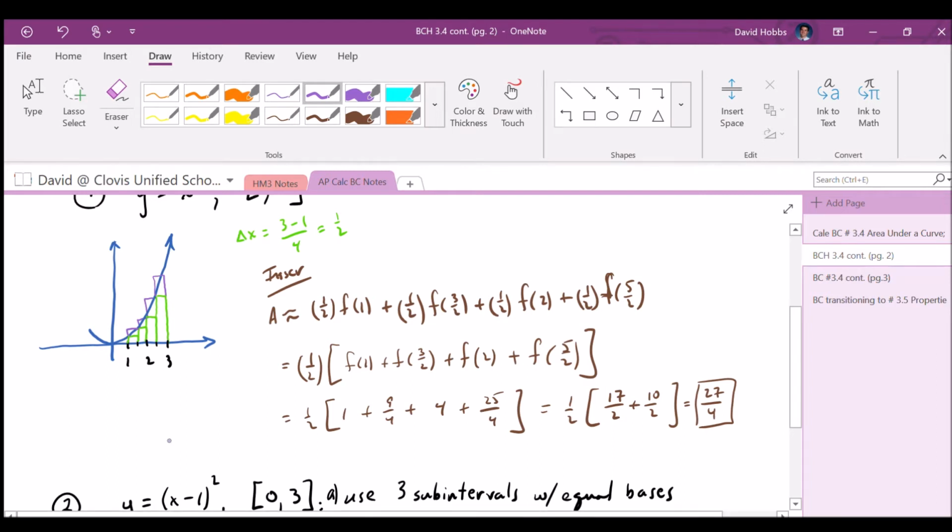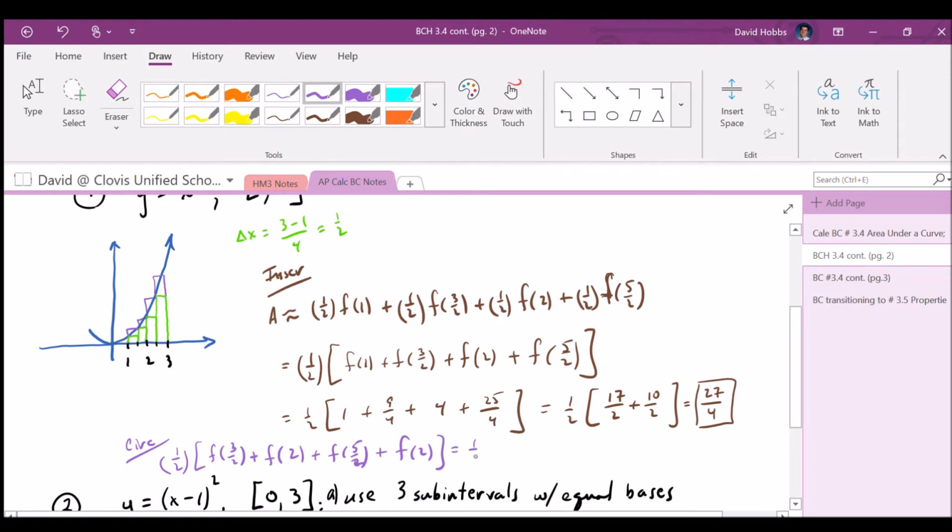Remember there's going to be a GCF of the 1/2, the delta x. And this time, where's my first height? Well, this time my first height is not at 1, my first height is at 1.5 or 3/2. So f of 3/2, f of 2, f of 5/2, and f of 3. Again, I've got 4 of them, and it's the right-hand side each time.